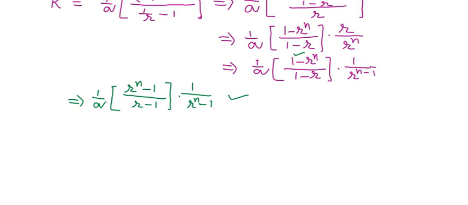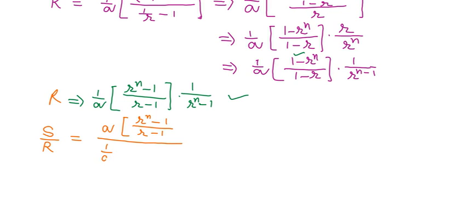Now we will find S upon R. As we have calculated, S is a into r raised to the power n minus 1 upon r minus 1, and the sum of reciprocals is 1 by a into r raised to the power n minus 1 upon r minus 1 into 1 upon r raised to the power n minus 1.